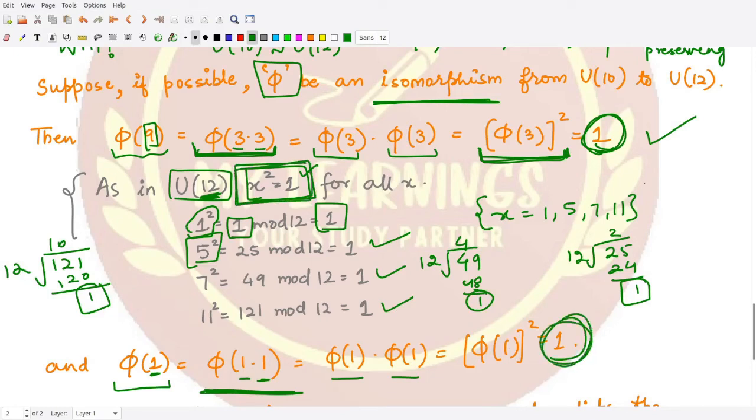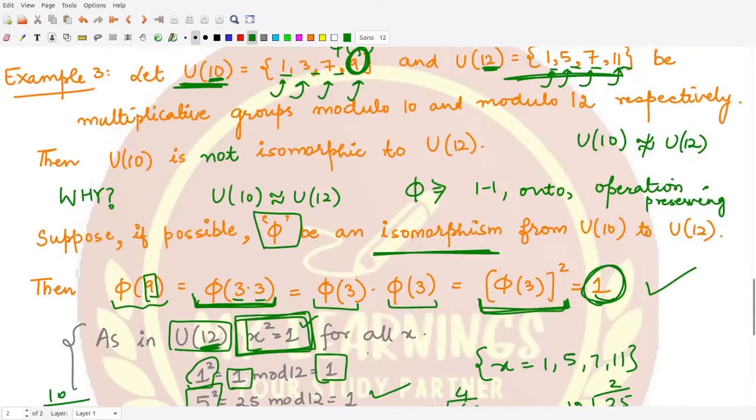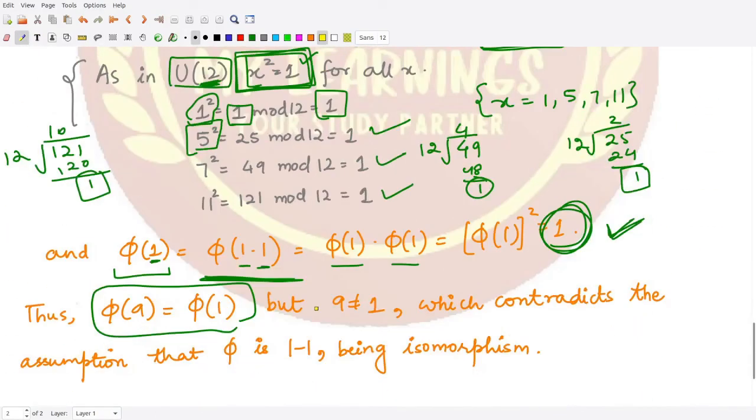So you see the answer to both of these equations is 1. That means phi of 9 is equal to phi of 1, but actually 9 is not equal to 1 in the group U10. 1 and 9 are different from each other. So phi of 9 is equal to phi of 1, but 9 is not equal to 1.